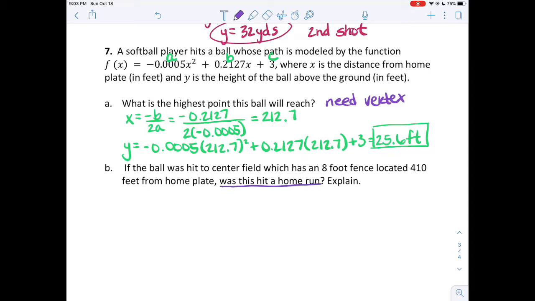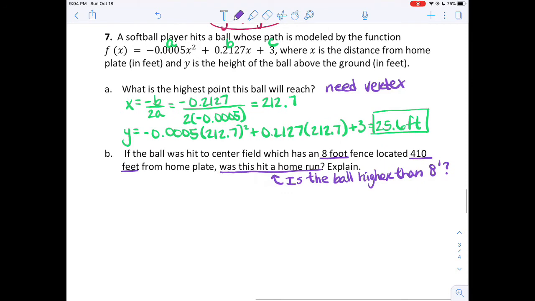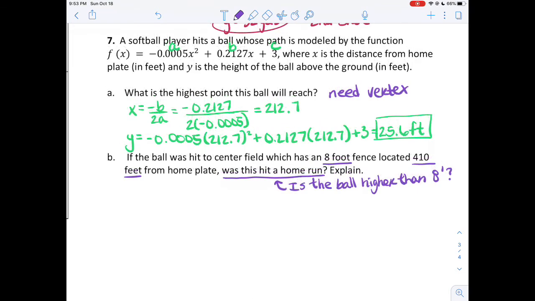Well, if it's a home run, then that means that the ball has to be higher than 8 feet when we are at 410 feet for an x value. So the question really is, is the ball higher than 8 feet? And we can figure that out. We can plug in 410 feet for x and figure out what y is.